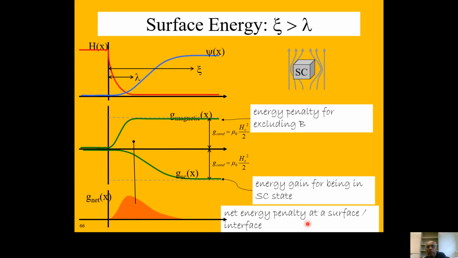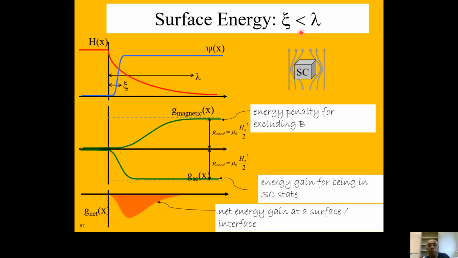That is happening at the interface between the superconducting versus normal interface. So the net effect is an energy penalty. That is for xi greater than lambda.